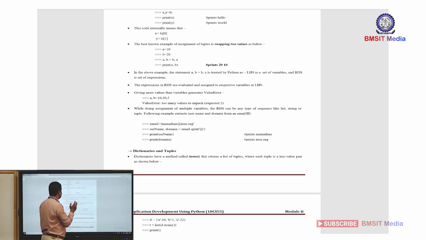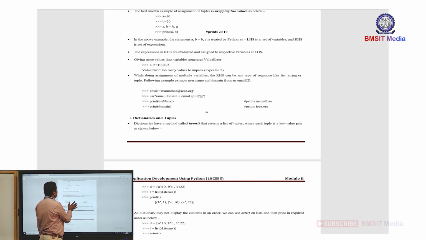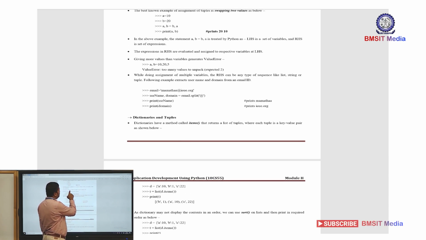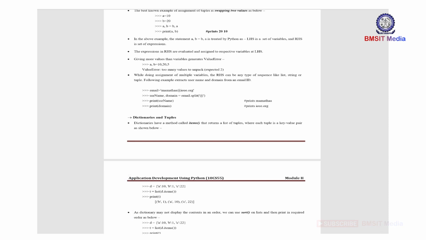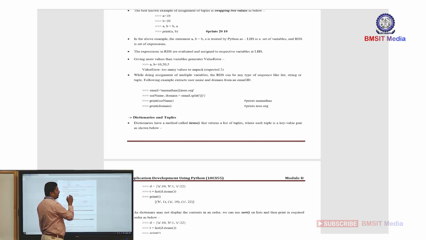Next, expressions in RHS are evaluated and assigned to respective variables in LHS. This is how an assignment statement works. It works from right side to left side. So that is why the right side values are computed first, then the corresponding variables in the left hand side will be assigned with those values.